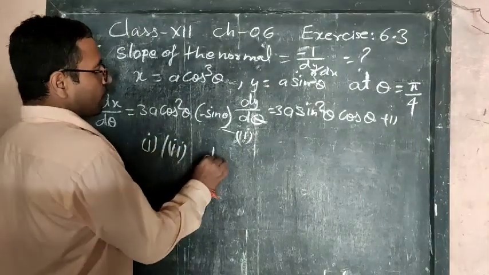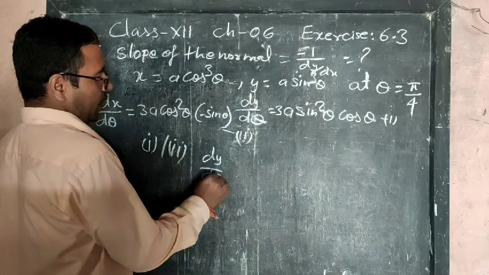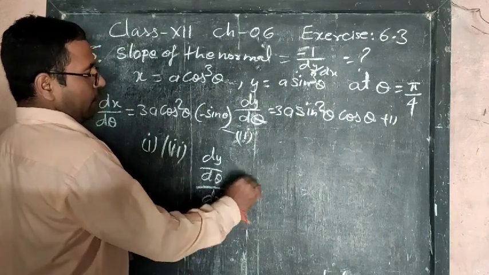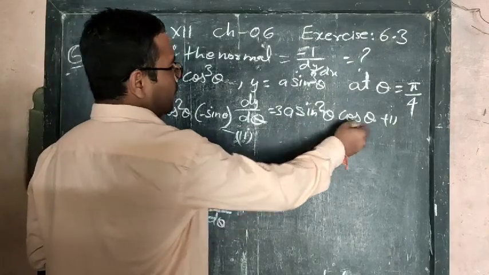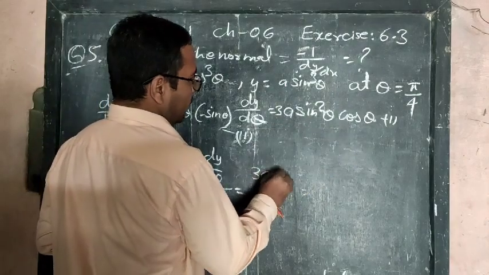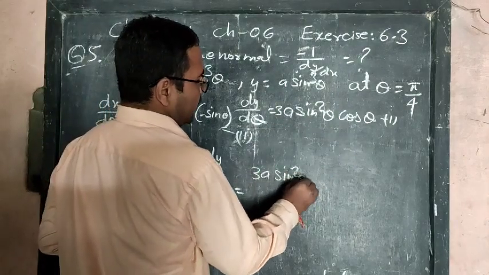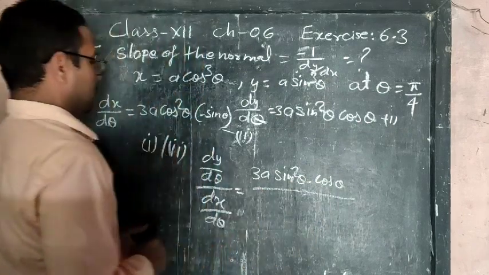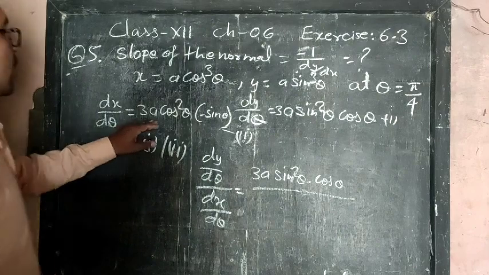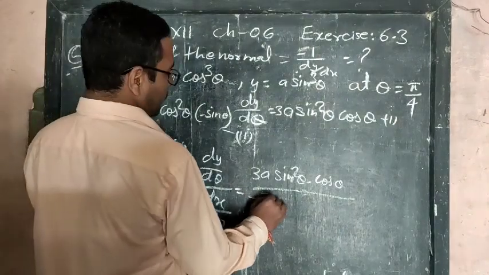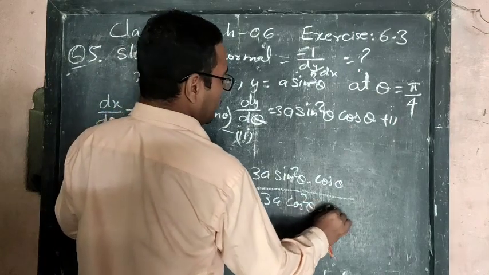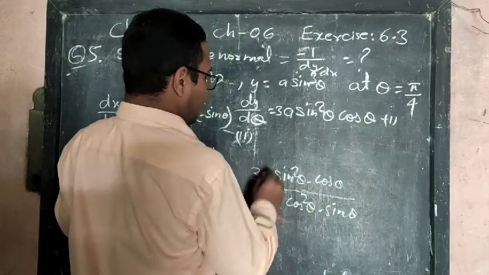So dy by d theta upon dx by d theta is equal to 3a sin square theta into cos theta by, with negative sign, 3a cos square theta into sin theta.